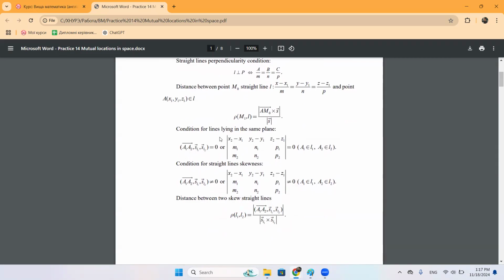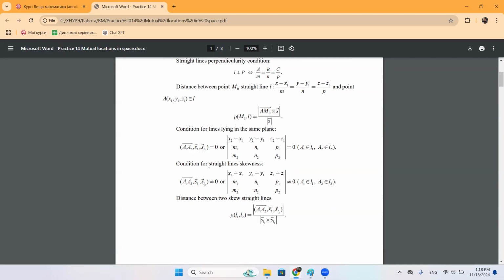This is the condition for lines to lie in the same plane. The mixed product of the direction vectors and the vector between points on these straight lines is 0. So just the coplanarity condition.